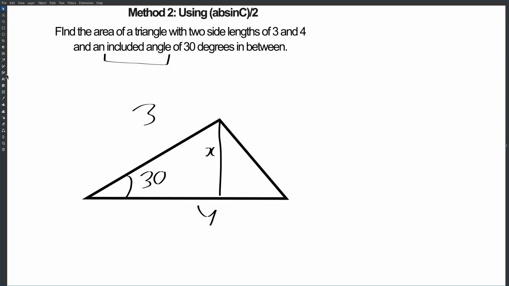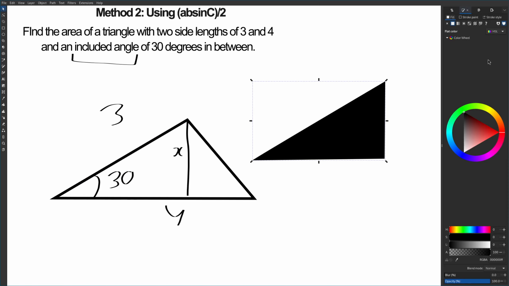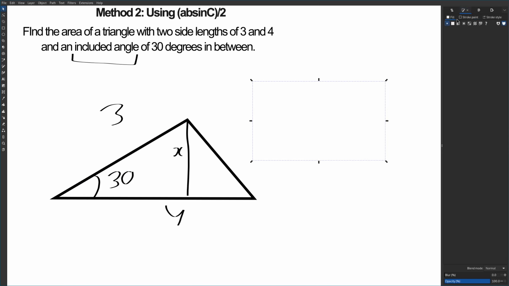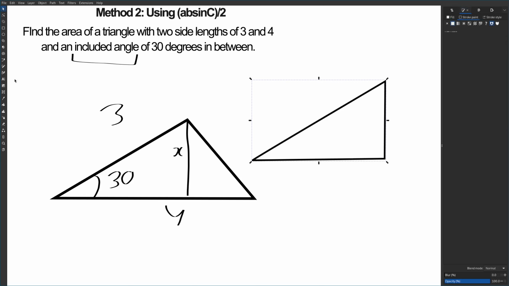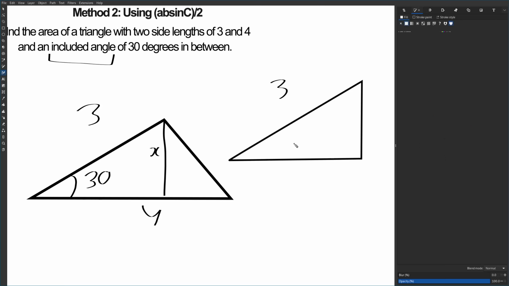Okay. And so we can have a right triangle from this. Trace this out. Okay. So we get a right triangle with a hypotenuse of 3 and this angle of 30, and we want to find x.